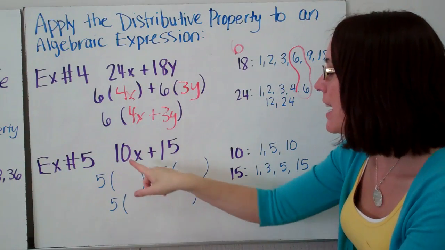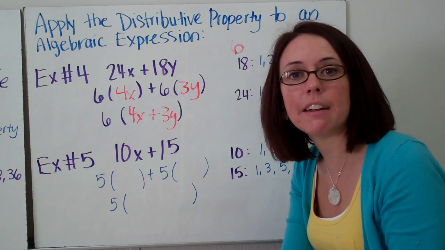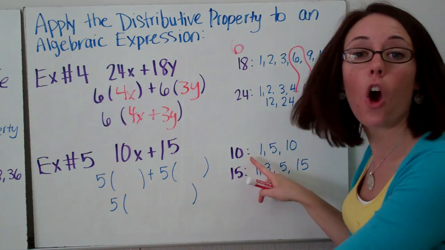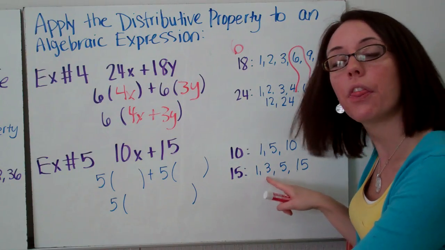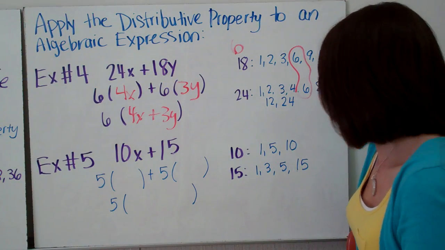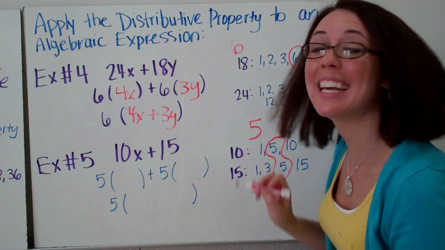Example number 5: 10x plus 15. We're going to list out the factors of 10 and 15. Factors of 10 are 1, 2, 5, and 10, and the factors of 15 are 1, 3, 5, and 15. The biggest factor they have in common is 5.